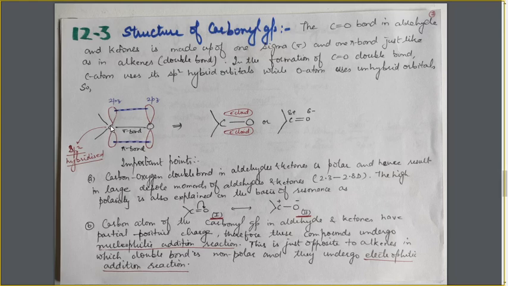The carbon atom is sp2 hybridized, forming 3 sigma bonds, and 1 unhybridized p orbital is present. Similarly, oxygen has 2 half-filled orbitals. One half-filled p orbital forms the sigma bond, and the other half-filled p orbital overlaps sidewise with this p orbital and forms the pi bond.